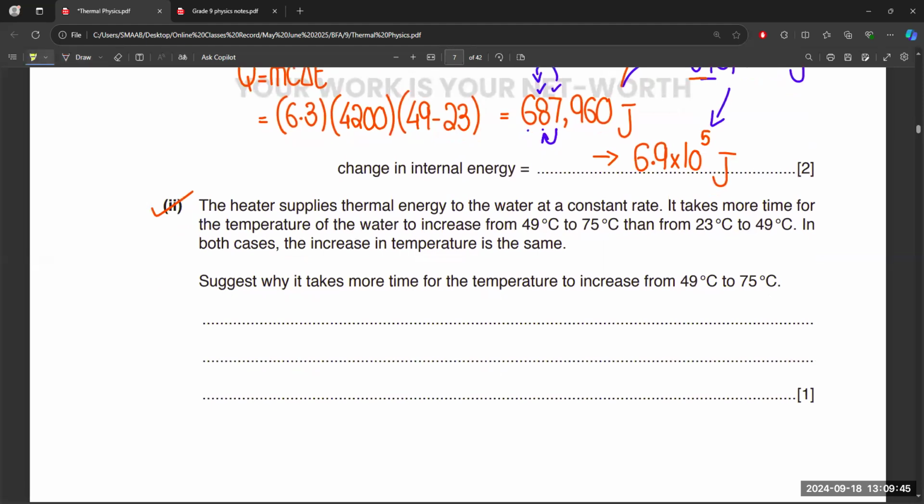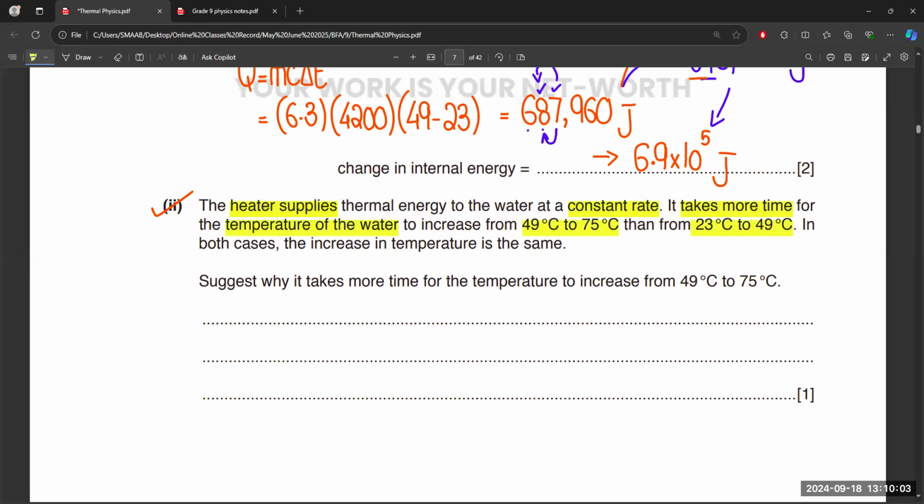The question is: the heater supplies thermal energy to the water at a constant rate. It takes more time for the temperature of the water to increase from 49 to 75 than from 23 to 49.